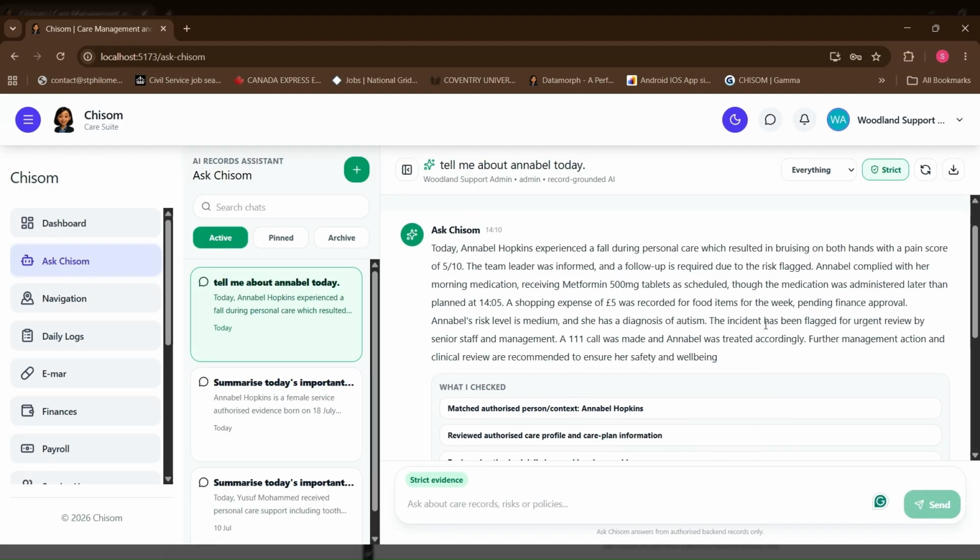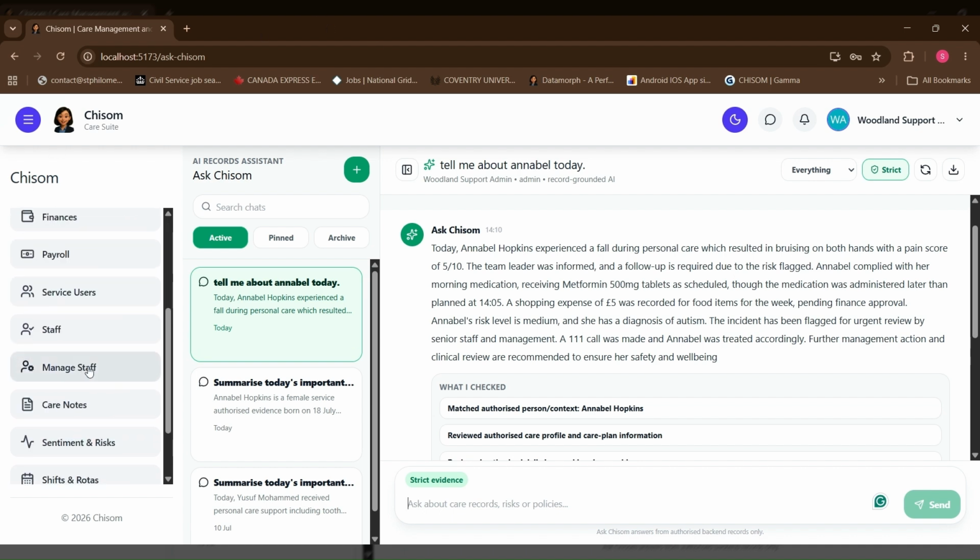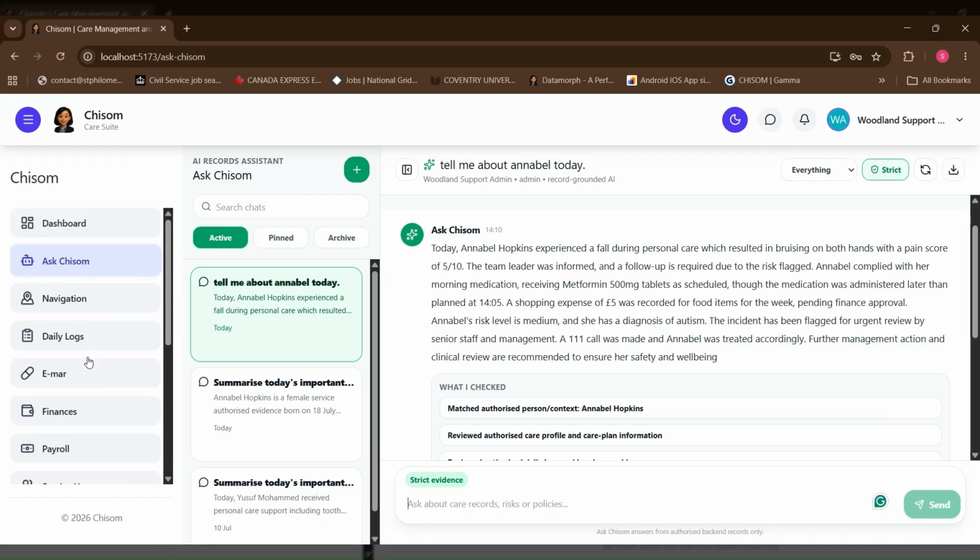If you look at this, it is actually innovative, because imagine a service with 15 service users and the manager wants to know about each service user. They would need to start checking daily logs, email, finances, payroll, and so many other things for that service user before they could come up with what happened to that service user.